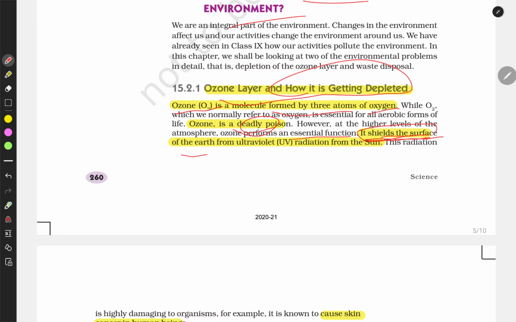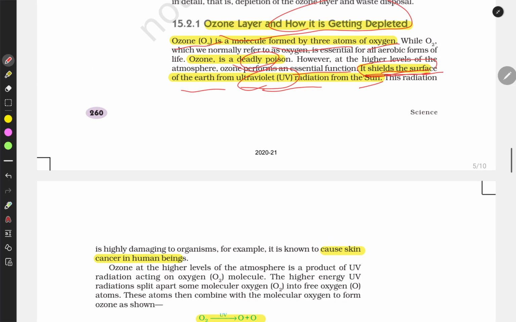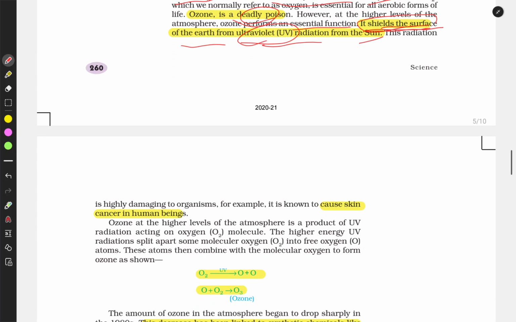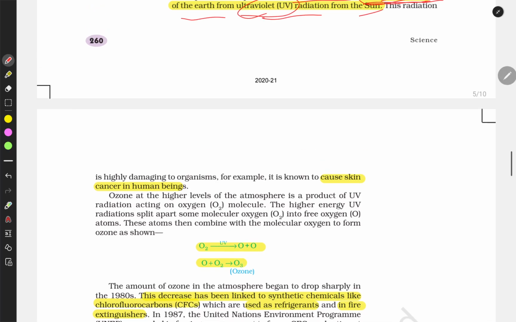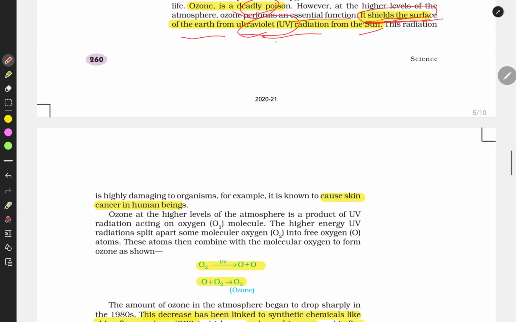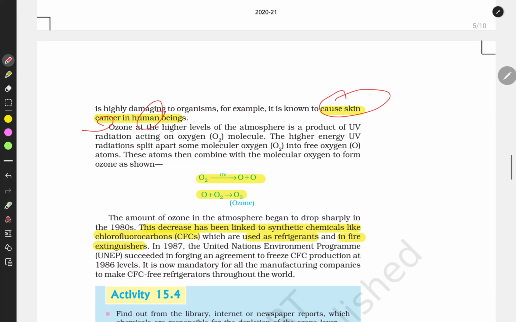It shields the surface of the earth from UV radiation from the sun. The ozone layer is in our stratosphere, on top of the troposphere, and UV radiation is blocked by the ozone shield. UV radiation causes cancer in human beings.